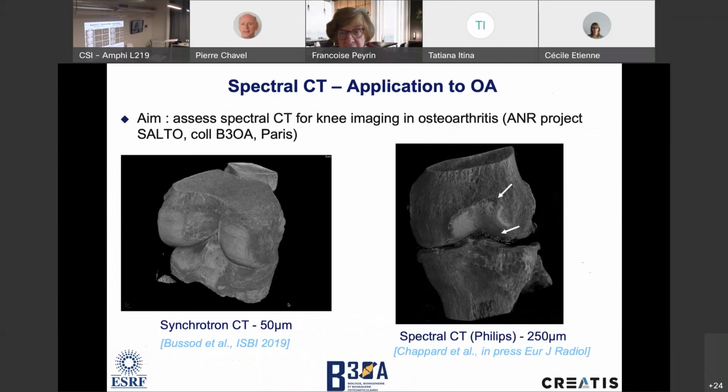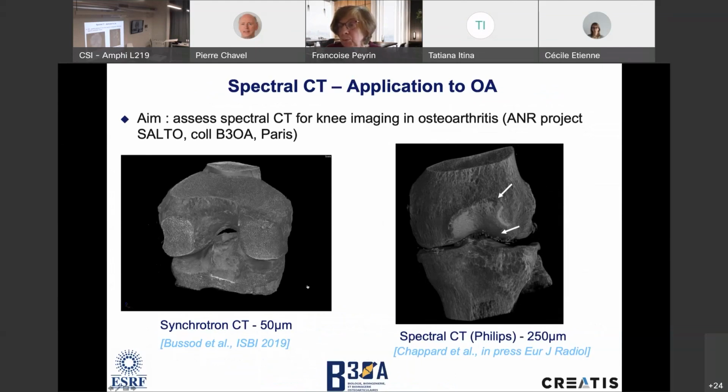Just to finish, we had a project, I was leading an ANR project, which makes the link with bone imaging, where the aim was to use SpectralCity for knee imaging to see if we can use this technique to see both the bone and the cartilage.